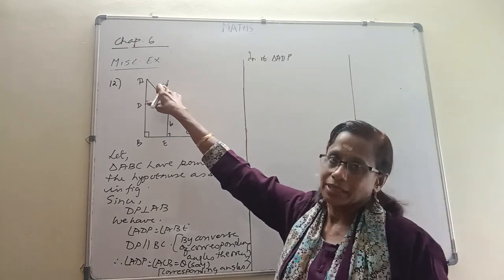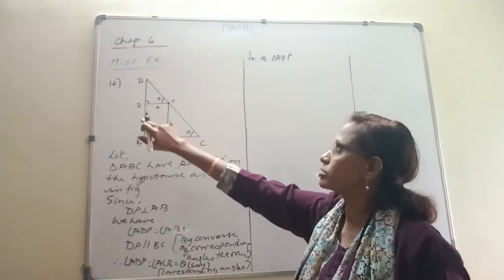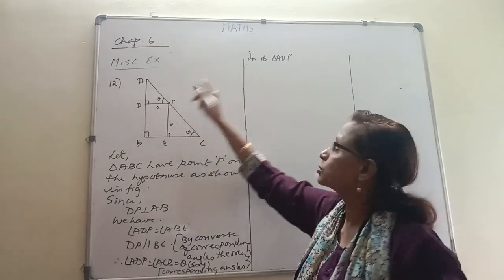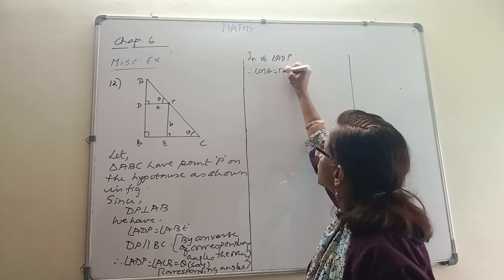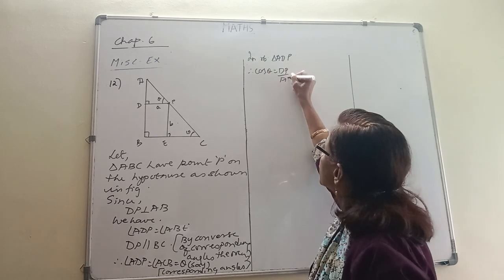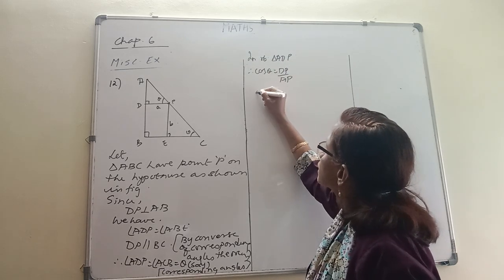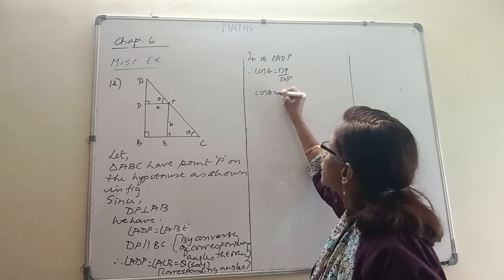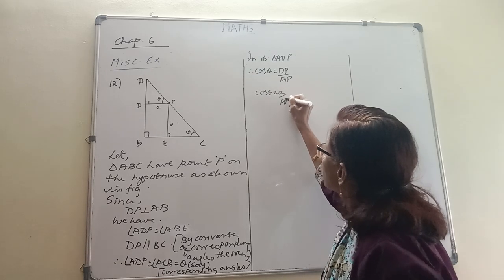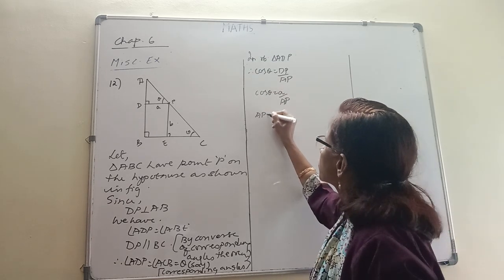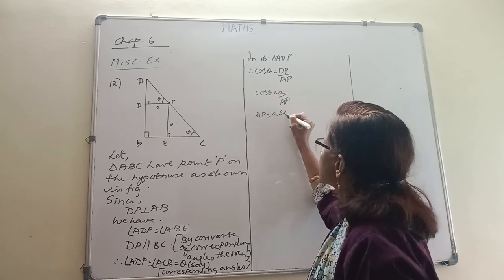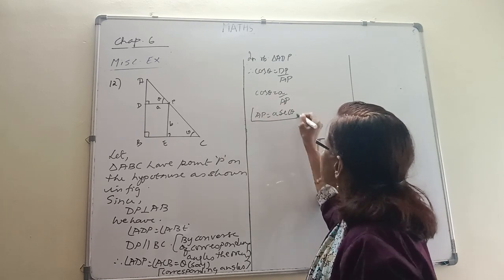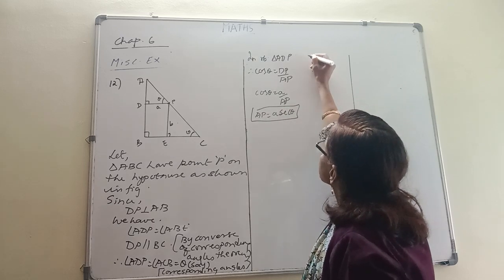We need AP because we want the length of the hypotenuse, and we have DP, so we should be taking cos theta. So cos theta is going to be DP over AP, where DP is a and AP we require. So AP is going to be a over cos theta, which is a sec theta. So we have got AP as a sec theta.